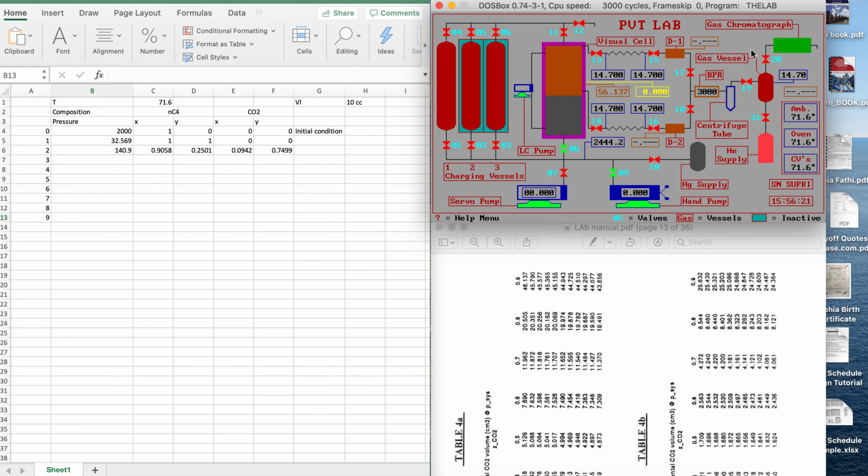Now I need to find its bubble point. So the same as before, I'm gonna remove, let's say, minus 0.8. And then I'm gonna shake this out.